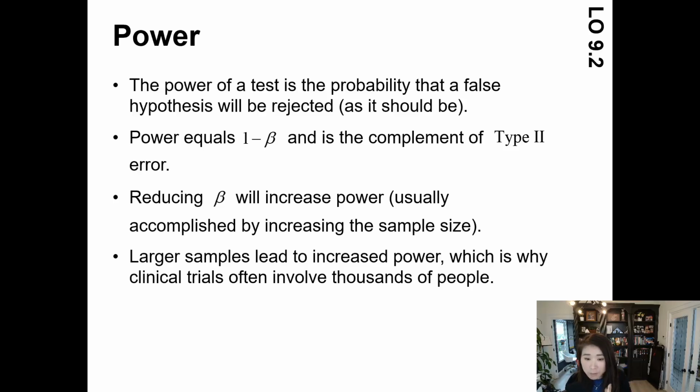The only way you can control the power is by increasing the sample size. That's why in the real world, if you work with a leader who knows statistics, they're always going to ask you, hey, what is your sample size? If you say my sample size is 20, they're like, okay, everything you say is just a directional suggestion. I don't think any of your statistical tests is powerful enough, because we do want powerful tests.